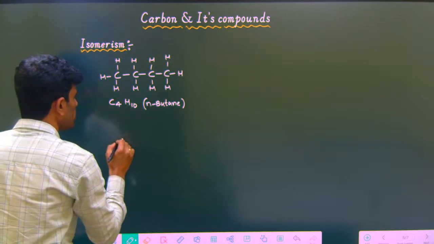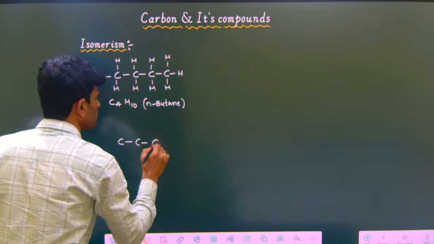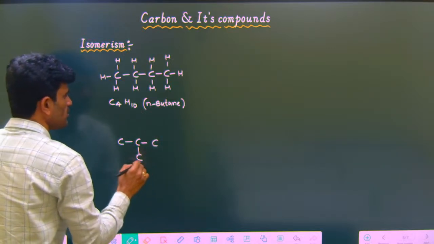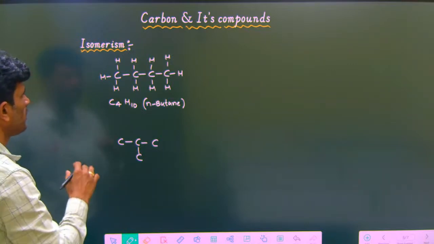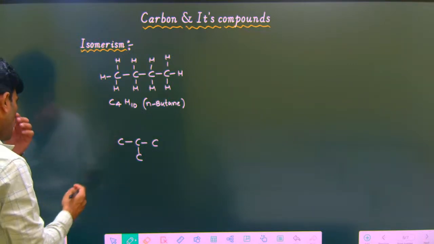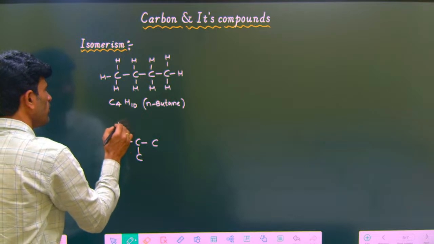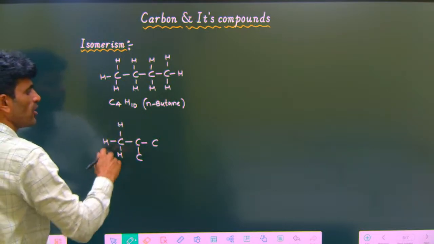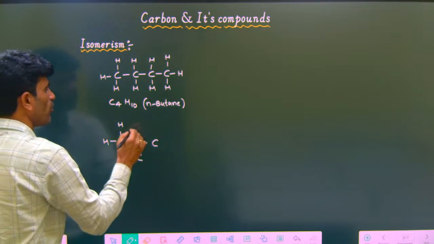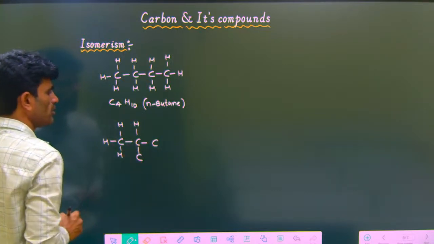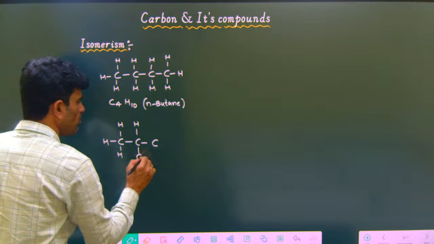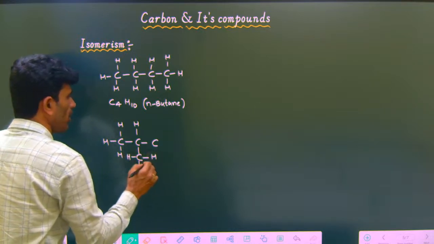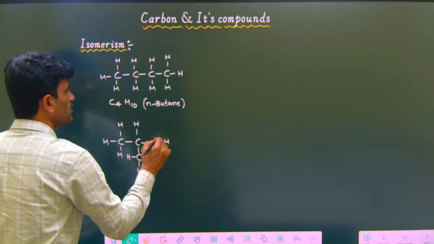We can also draw this structure like this, 3 carbons in a straight line but 1 down like this. Here also we have 4 carbons but in a different manner. If you draw hydrogens now, on the first carbon we can draw 3 hydrogens as usual, but on the second carbon already 3 bonds are over, only 1 bond is left over. But now at the down we are having again 3 more carbons. On the last carbon again 3 more.